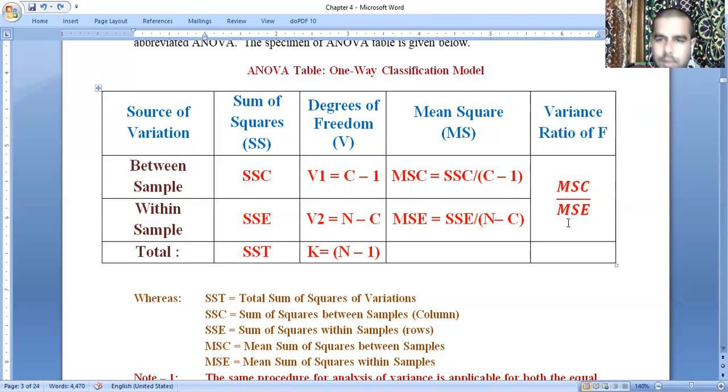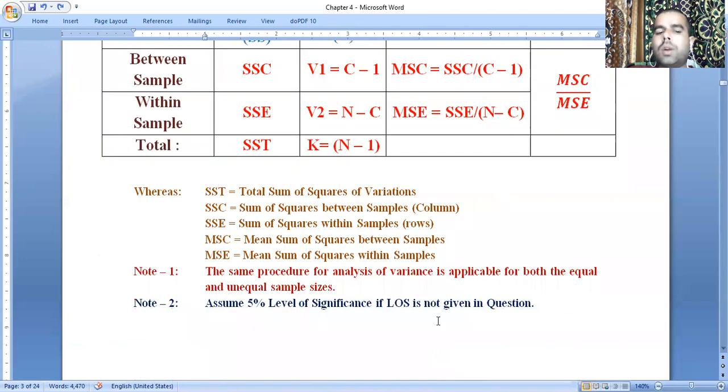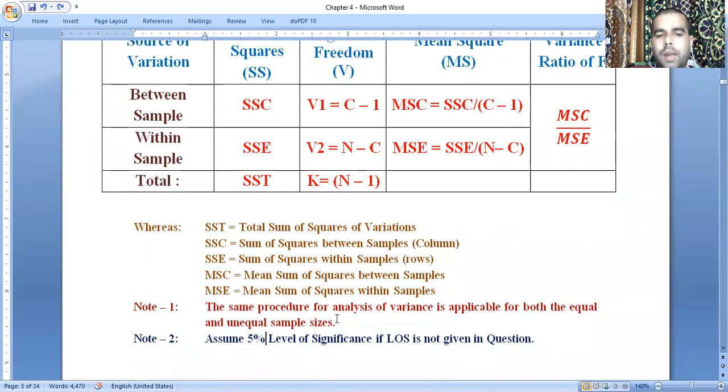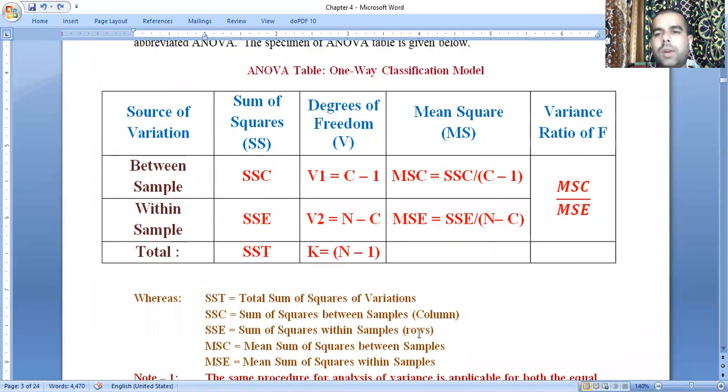If 5% is given, then 5%. If neither 5% nor 1% is mentioned, then you have to follow 5% only. I have already written this in note number 2. For equal or unequal values, the same procedure is followed, as note number 1 says. And note number 2: assume 5% LOS if the LOS value is not given in the question. So I think you got good clarity regarding the ANOVA one-way classification model table.